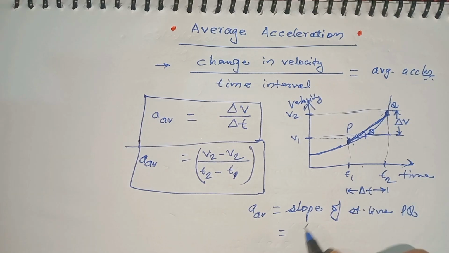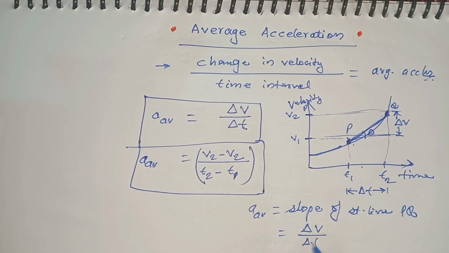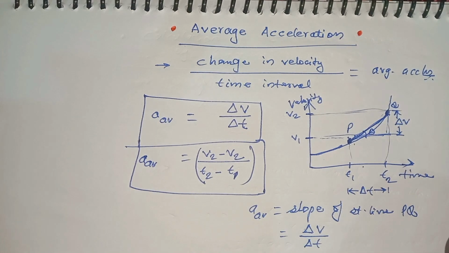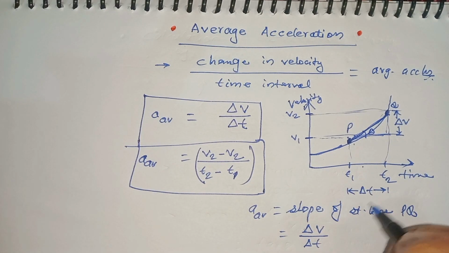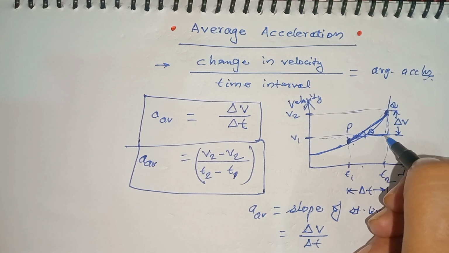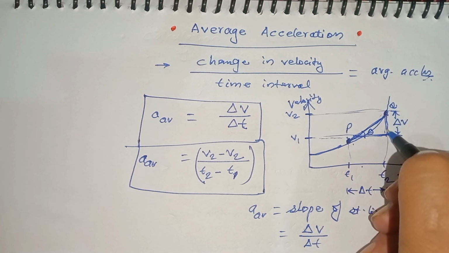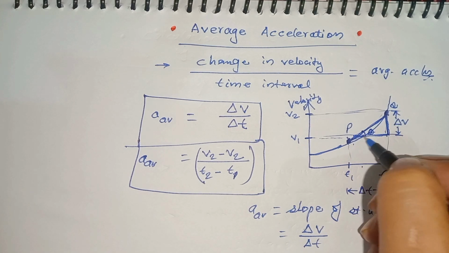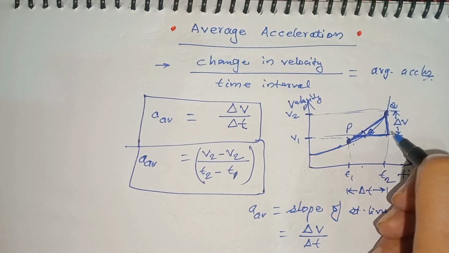How? The slope is calculated by delta V by delta T. Why is it delta V and delta T? Because the slope is tangent. In trigonometry, the tangent is simply perpendicular by base in a triangle. If this is theta, this is the hypotenuse, this is the base, and this is the perpendicular.